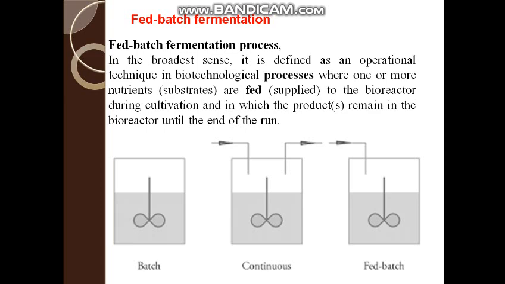But in fed batch fermentation process, we supply the substrate in small amounts. I repeat, this is very important. In fed batch fermentation process, we add the nutrient source in small amounts throughout the time for the cultivation of various bioproducts.